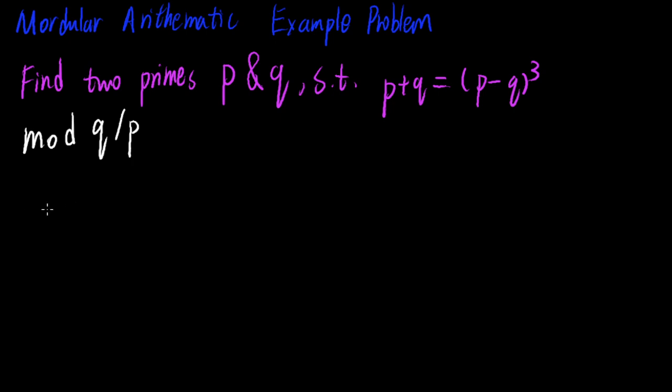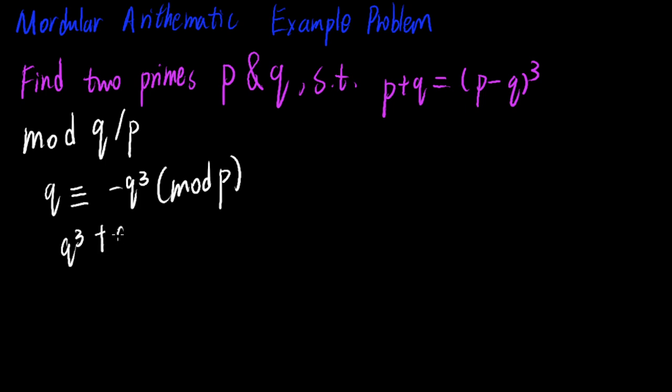If we mod p, the left hand side becomes q, and q is congruent to the right hand side, which becomes minus q to the power of 3. And this doesn't give us anything very meaningful, right?